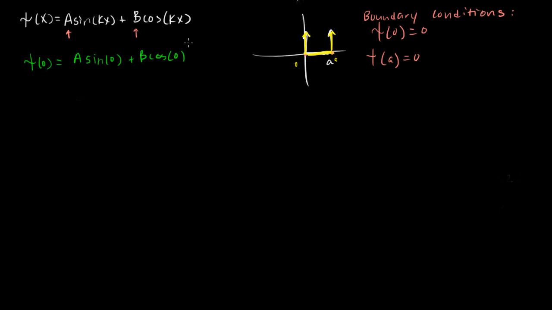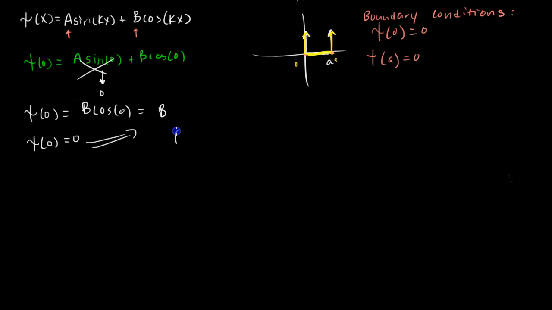Sine of 0 just turns out to be 0, so this whole term goes away. Now psi of 0 is just b cosine of 0. Cosine of 0 is just 1, so this is equal to b. And we said that psi of 0 is equal to 0, so this means that b is equal to 0.